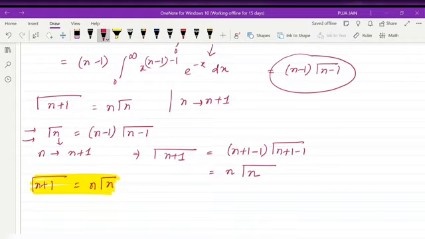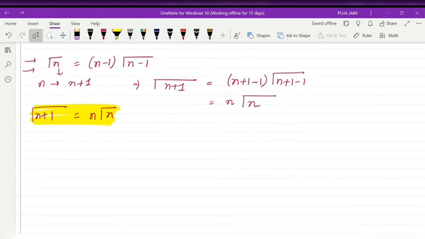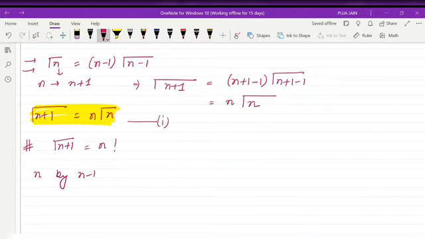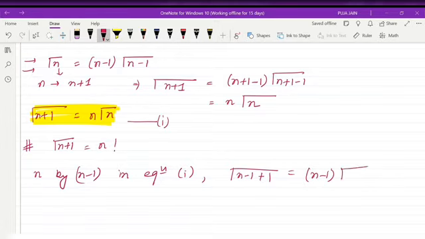Now our third result was gamma n plus 1 equals n factorial. Suppose this is equation 1. If we substitute n by n minus 1 in equation 1, we get gamma n equals n minus 1 gamma n minus 1.